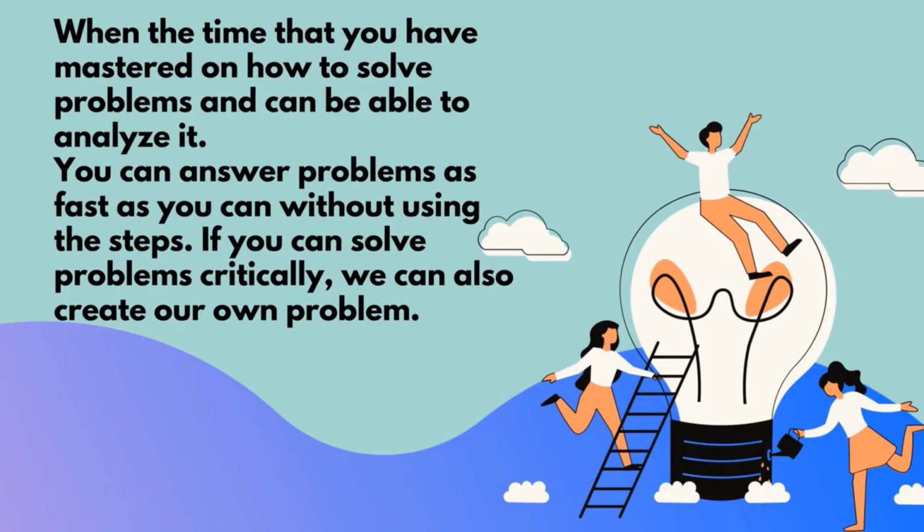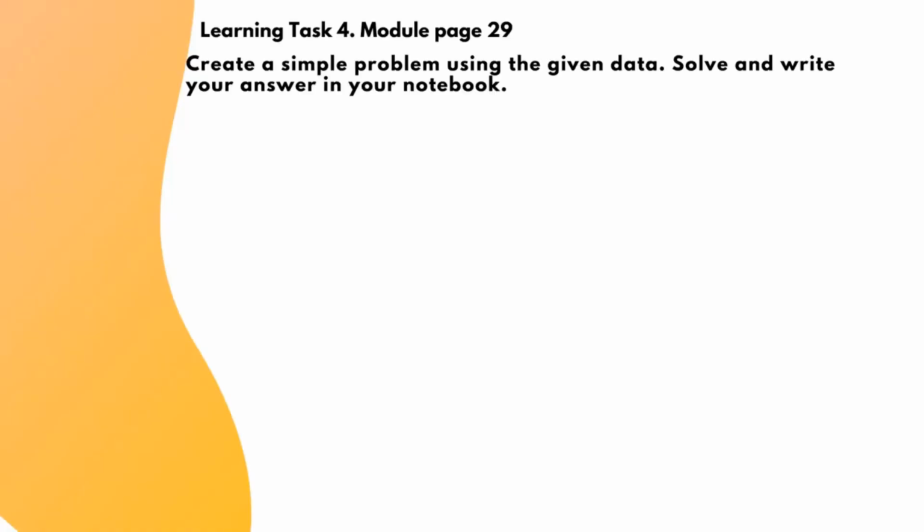When you have mastered how to solve problems and can analyze them, you can answer problems as fast as you can without using the steps. If you can solve problems critically, we can also create our own problems, which is what we are going to do in learning task number 4: create a simple problem using the given data.